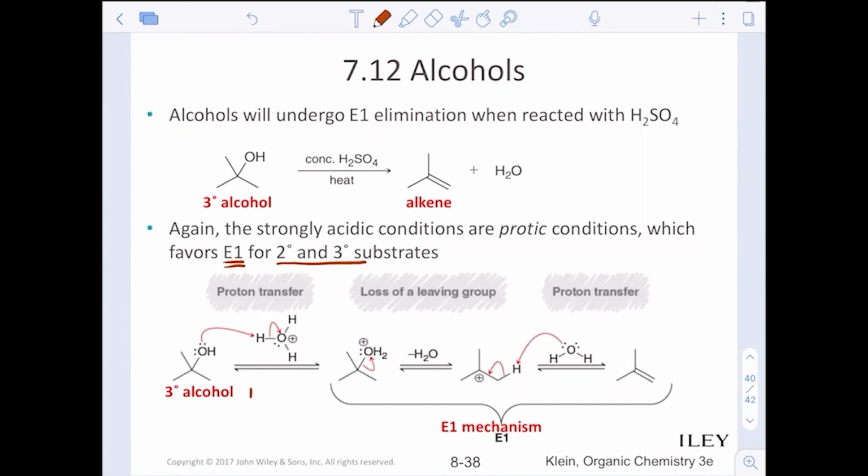We'll have that first step of a proton transfer, followed by step number 2, that loss of leaving group, and then the proton transfer to complete the E1 mechanism.